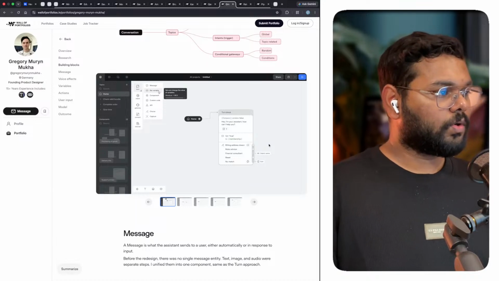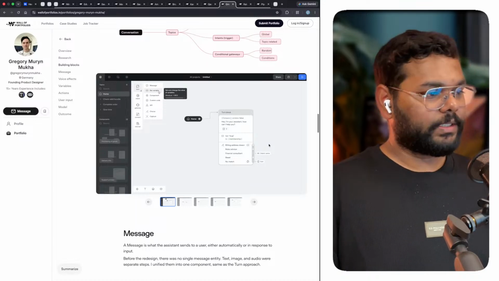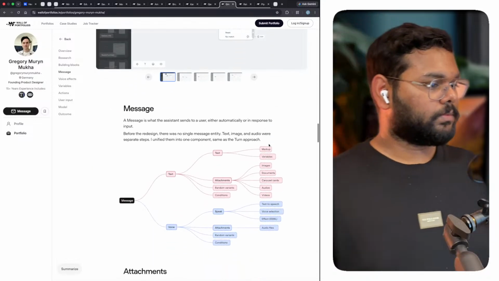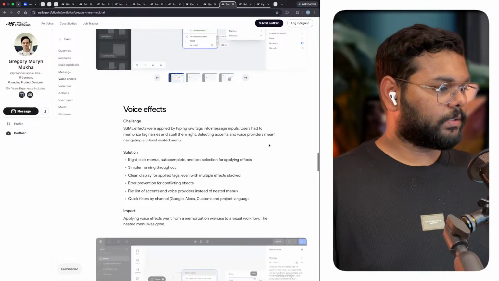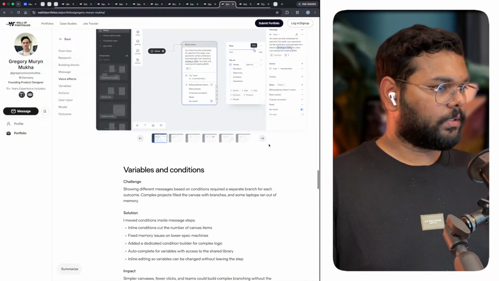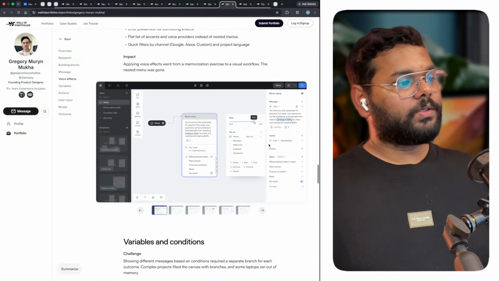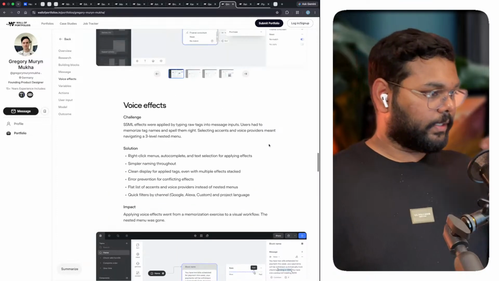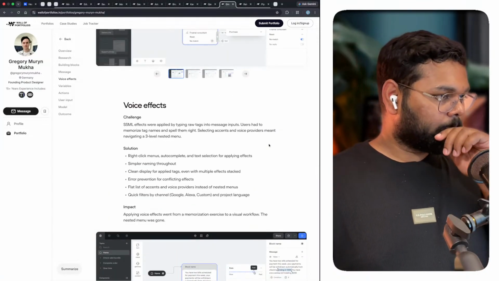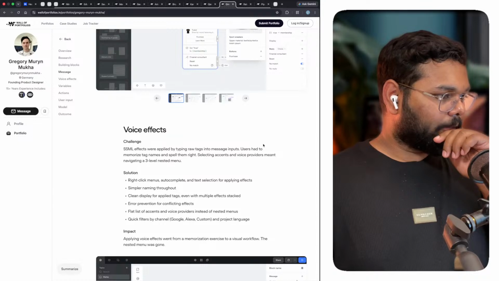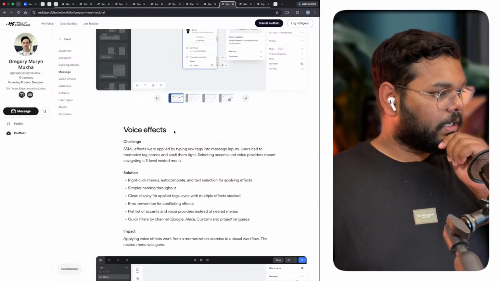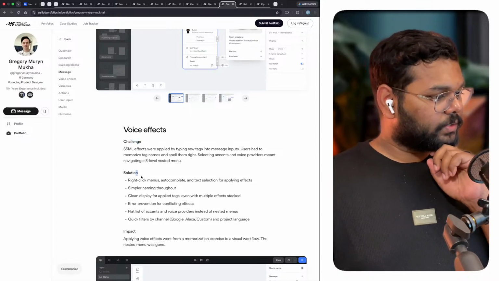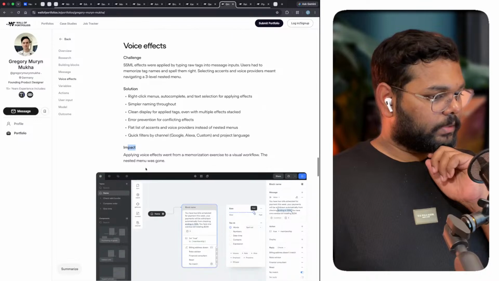So node to node connectors to create agents. Attachments, voices. So without going into the depth, I think he has written about the voice effect, the challenge with the voice effect, the solution, and impact.